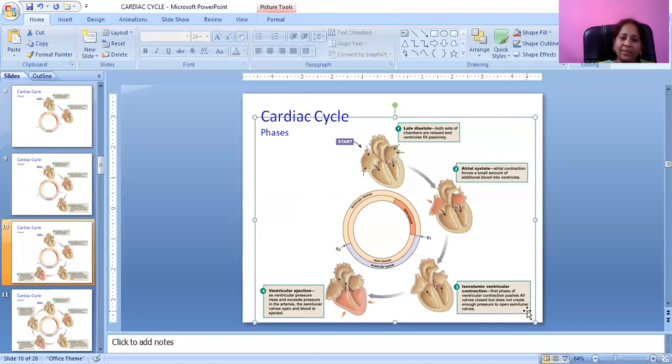But when ventricular pressure rises and exceeds the pressure in the arteries, the semilunar valves open and the blood is ejected.